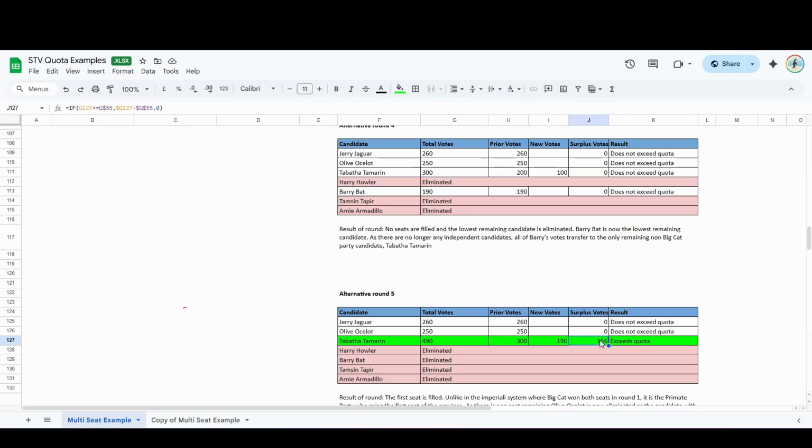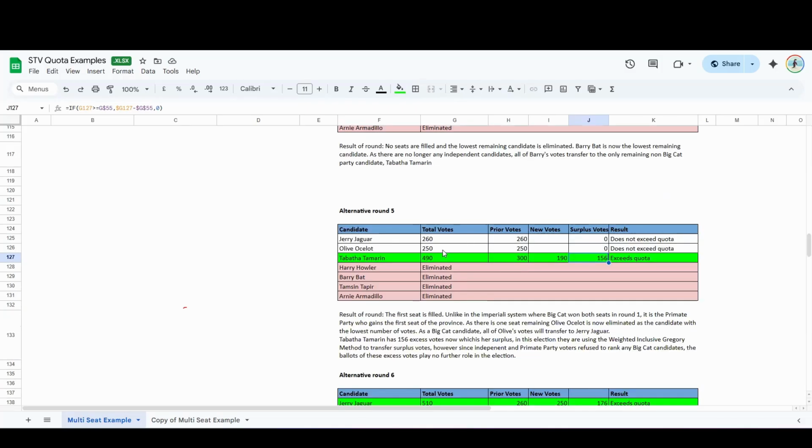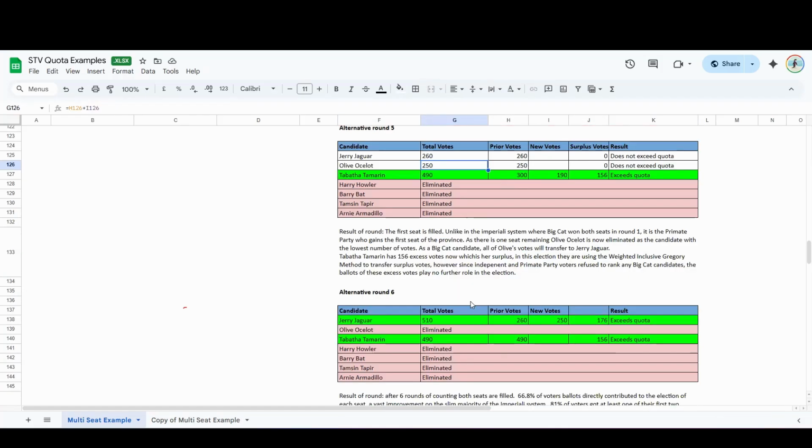So these surplus votes are now discarded and play no further part in the election. So now we're just left with 1 seat remaining and 2 Big Cat candidates. Olive Ocelot is eliminated, and therefore Jerry Jaguar passes the quota, but he's also the last one remaining anyway.